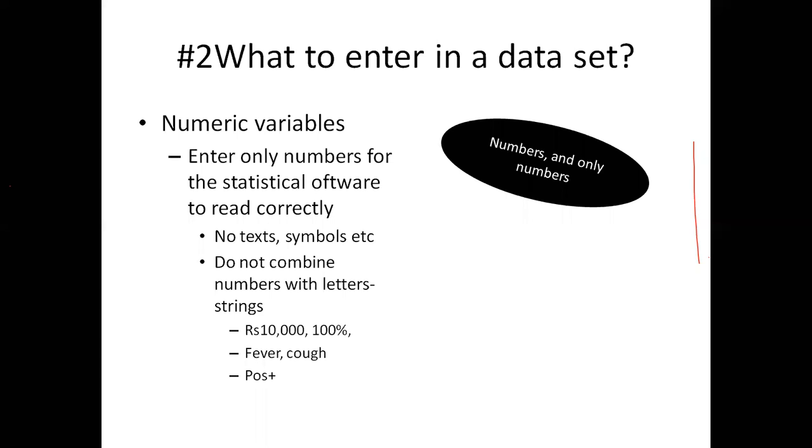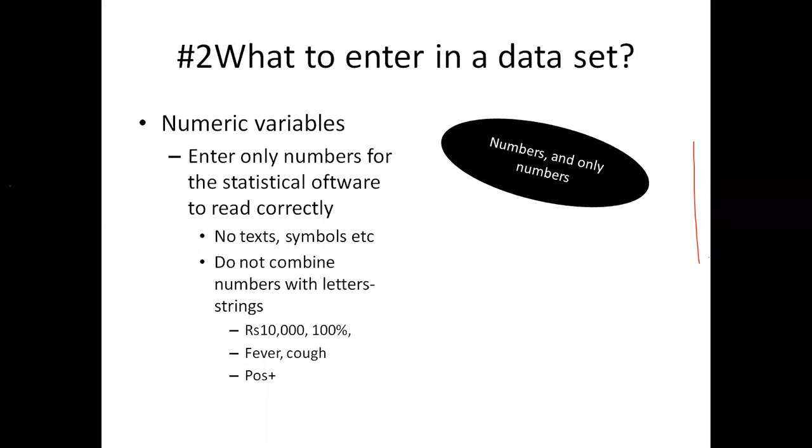The next part is in terms of what goes into your data set, right? As I said, the expectation is that if you keep as much as possible in terms of numbers, it makes the analysis and the reporting part as easy as it gets. So the suggestion is to keep only numbers in your data sheet to the extent possible.